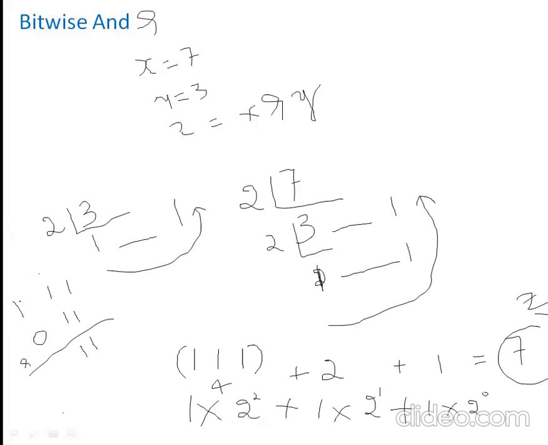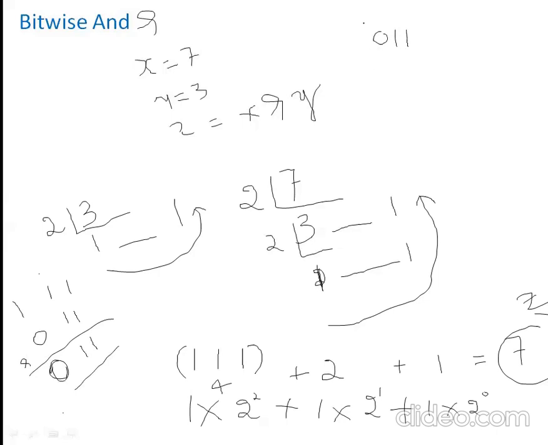True and false, false. So this is our result, 0 1 1. Getting it? This 0 1 1 is our resultant binary value. In this way it will work.